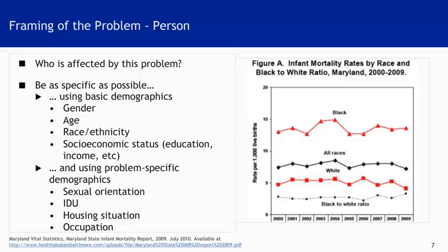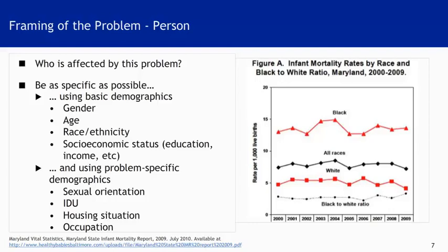You can use basic demographics to describe people most affected, but you can also use problem-specific demographics, such as sexual orientation or injection drug use for problems regarding HIV, housing situation for mental health illnesses, and occupation for problems related to environmental or occupational exposures. Notice the figure in this slide of infant mortality rates by race.